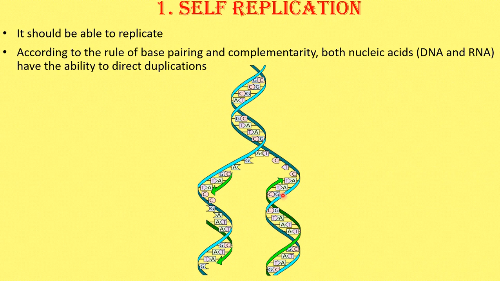And here you can see the already existing parental strand consists of guanine, so the new strand has cytosine. Adenine means thymine. Like this, complementarity is present in both nucleic acids, and both have the ability to direct or produce their own replica, that is called duplication or replication of DNA as well as RNA.